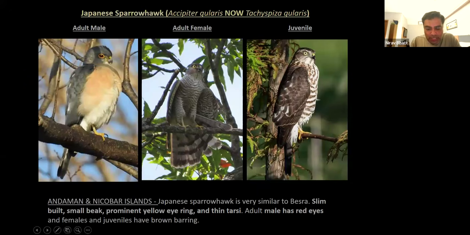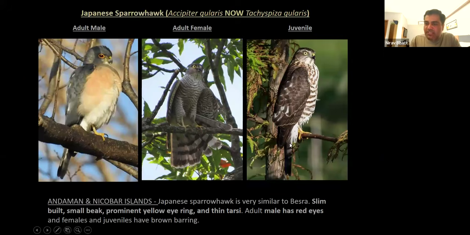It has prominent yellow eye rings, thin tarsi, similar to Besra, but the markings are different. It is a prominent yellow eye ring. The female has barrings, more like a Eurasian Sparrowhawk, while the bill is like a Besra. The juveniles are very similar to Besra, sometimes inseparable.